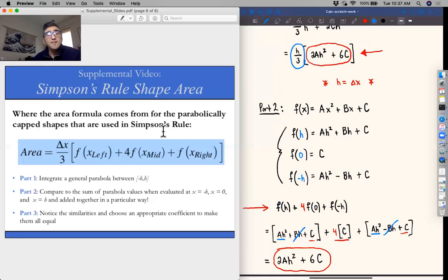So this brings us to part 3, where we're going to synthesize a lot of this information. In other words, by adding together these function values, like we did here, we can get something that looks very close to the area under that parabola exactly, except we are missing that coefficient out in front of h over 3.